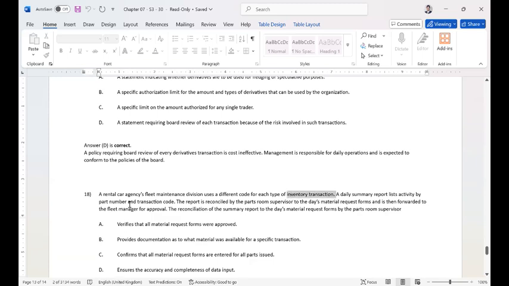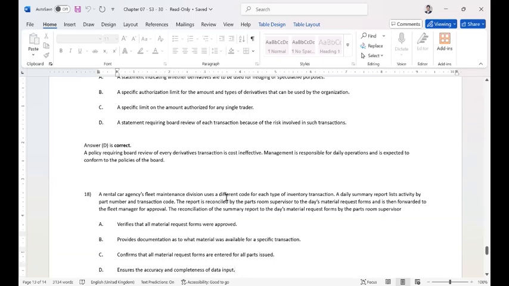The daily summary report lists activities by part and transaction code. The report is reconciled by the parts room supervisor to the daily request forms and forwarded to the fleet manager for approval. The reconciliation of the summary report to the day's material request forms verifies that all approved material request forms are entered for all parts issued, ensuring accurate data input, or provides documentation as to whether material is available for a specific transaction.